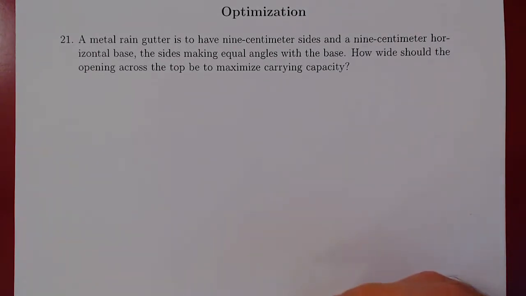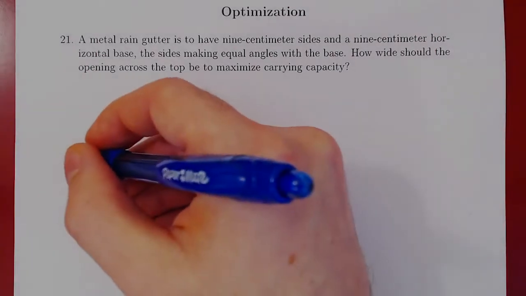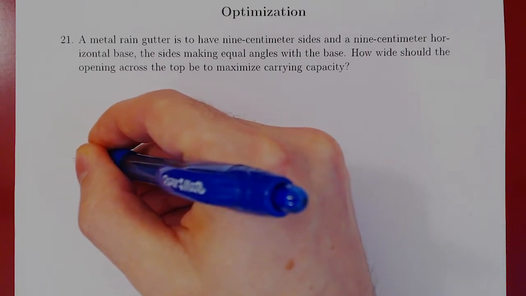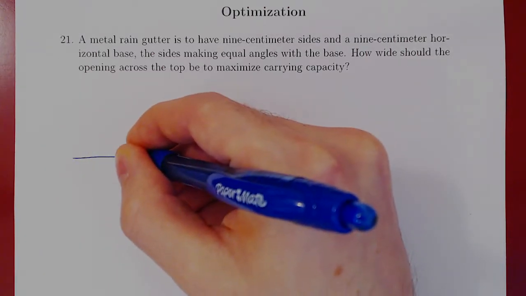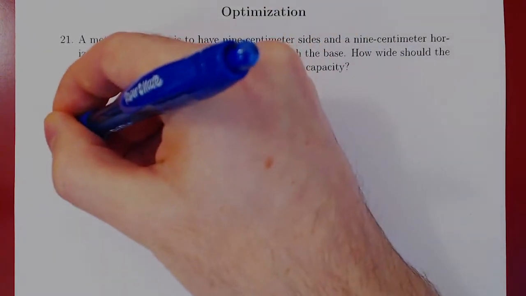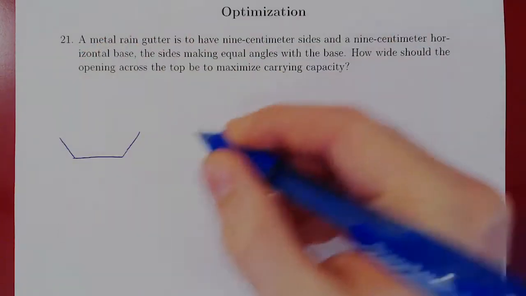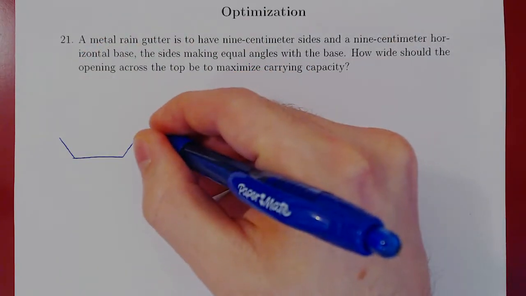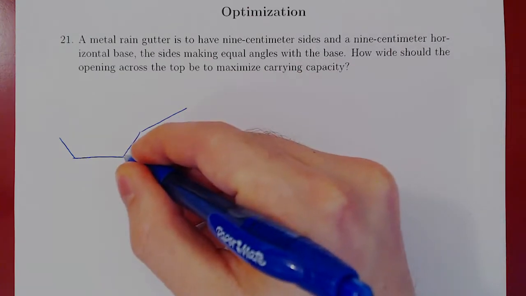So let's try and visualize our rain gutter. We have the base, the two sides, and it would extend something like this, right?